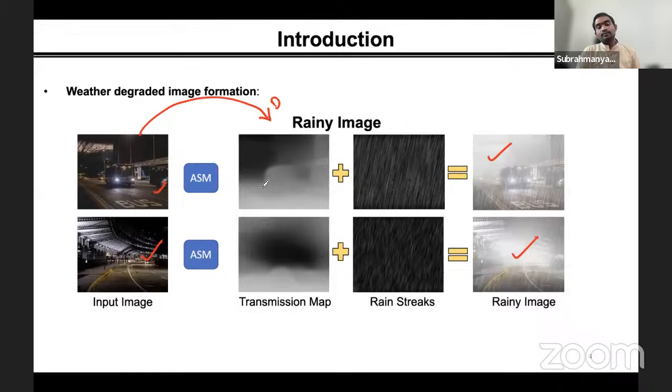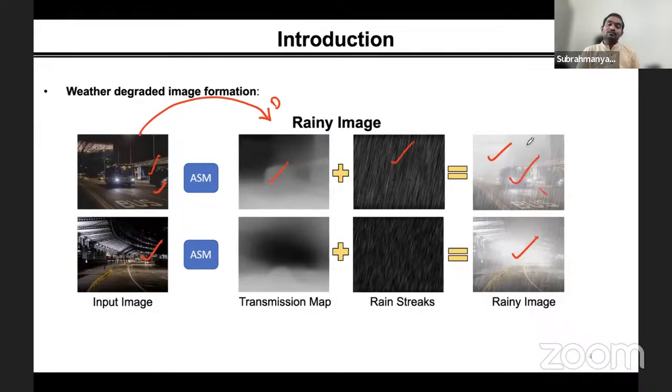With that we get the transmission map, and the image is there. Using this distance and another rainy content, we add rain plus haze in between, so that we are able to generate the rainy image synthetically.